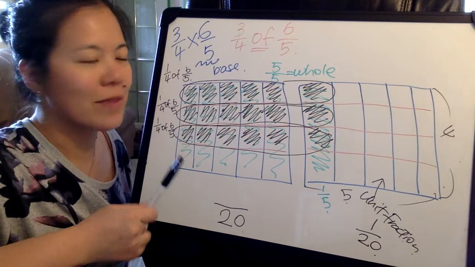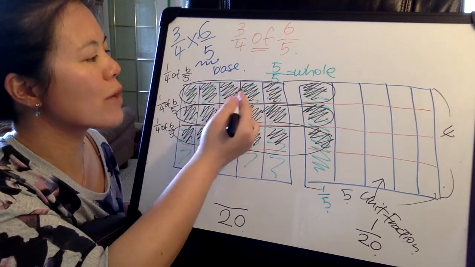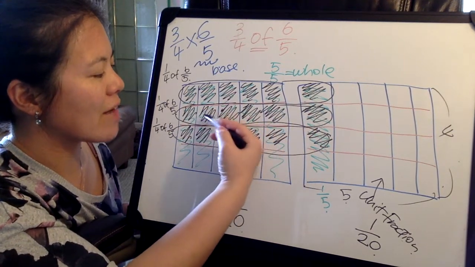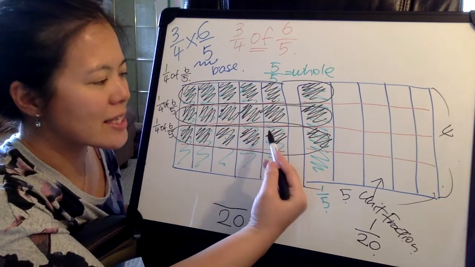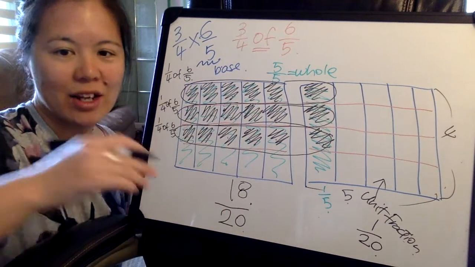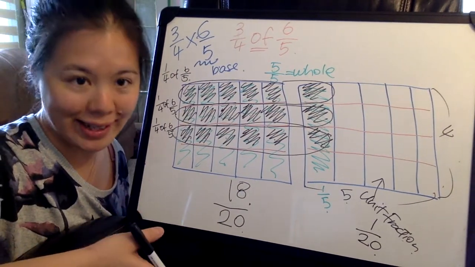And how many of these little units did I color in? I have 1, 2, 3, 4, 5, 6, 7, 8, 9, 10, 11, 12, 13, 14, 15, 16, 17, and 18. So I colored in 18 out of 20, so 18/20th.